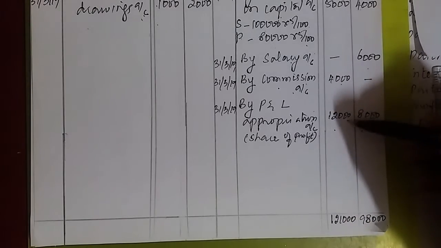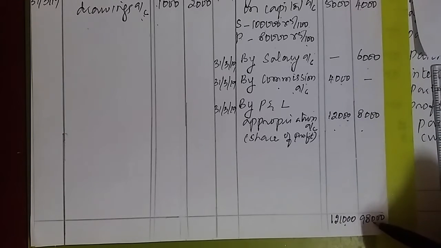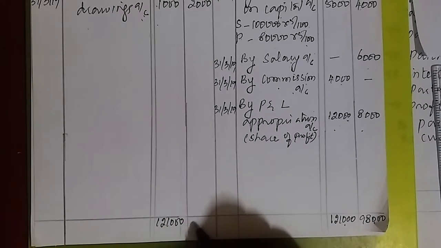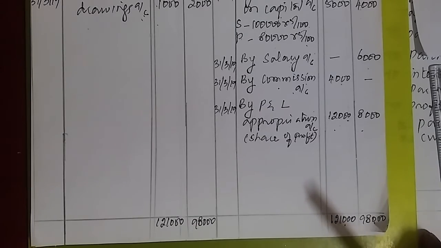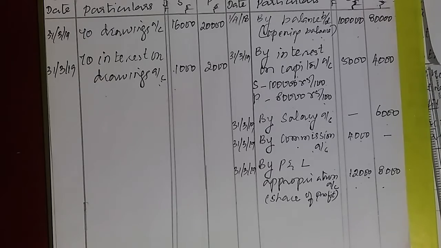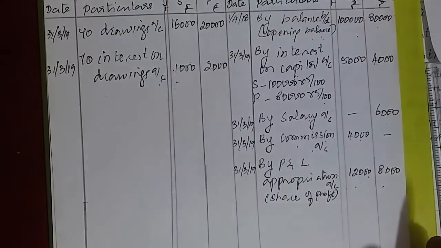If you add these all, you will get 1,21,000. If you add these all, you will get 98,000. The same total I show here on the debit side. Okay? See, now we have to find the balance. How to find the balance? From this total, we should deduct these two values. What is the total here?